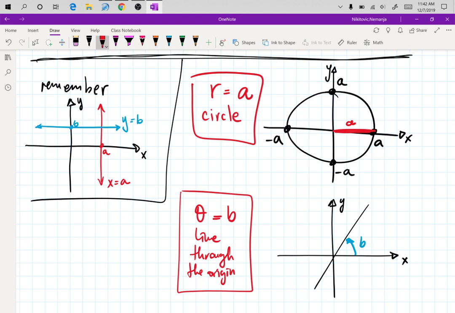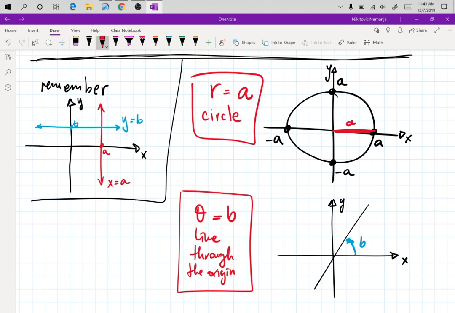So the basic functions here are the circle and the line through the origin. Would you expect that line that goes away from the origin to have a simple or a complicated formula? Complicated. It will include secants.